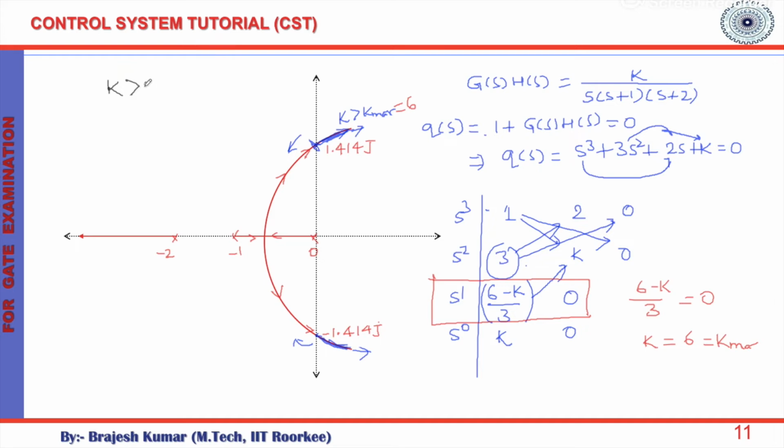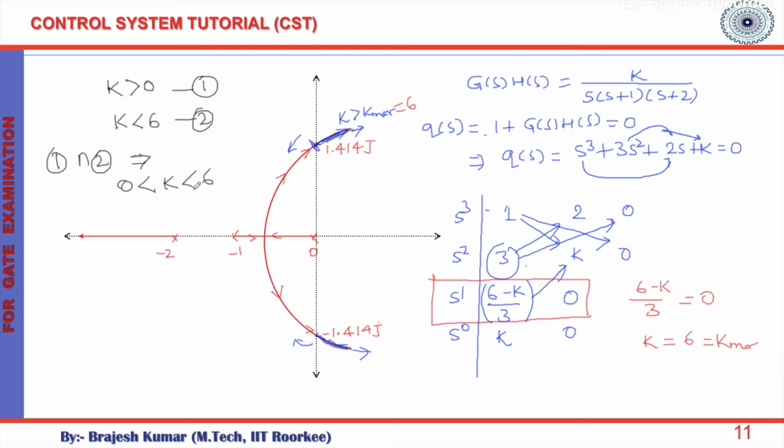So K greater than 0 is the first condition, and the second condition says that K should not be greater than K marginal, meaning K should be less than 6. So the second condition is like this. Taking the intersection of both, K should lie between 0 and 6. So this is your answer to the first part. For stable operation, the value of K should be greater than 0 and less than 6.